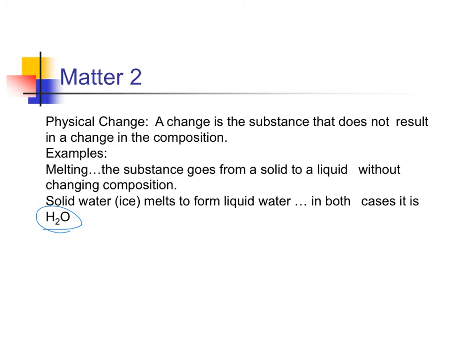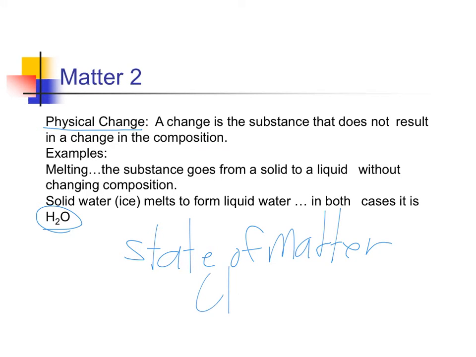So if you take an ice cube and set it out on the counter, it's going to melt. That's gone through a physical change. It's not the same anymore in its physical state. It has melted. It's gone through a state change. And so a lot of times, physical changes are also state of matter changes.